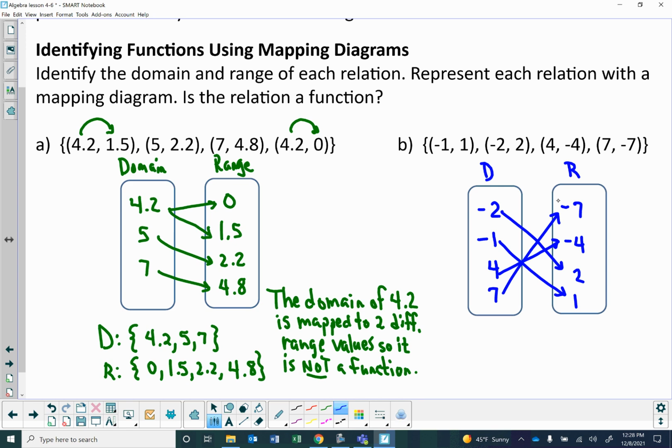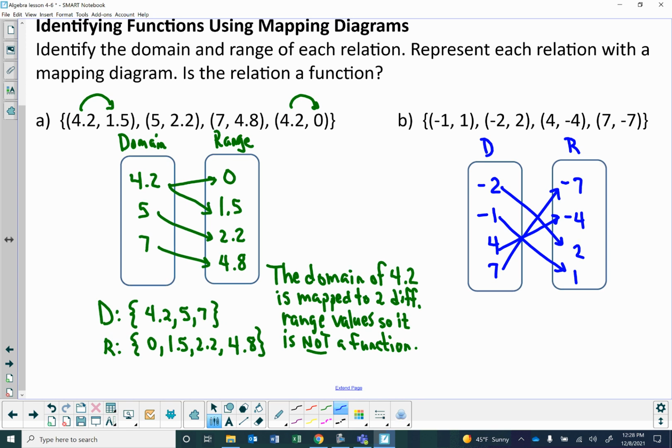So I can give my domain and range. My domain is -2, -1, 4, and 7. And my range is -7, -4, 2, and 1. Now, when you do your mapping diagram, you don't necessarily have to put them in order from smallest to largest, but I just like to because then when I list my domain and range, they're already in smallest to largest.